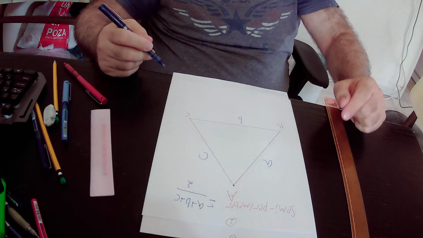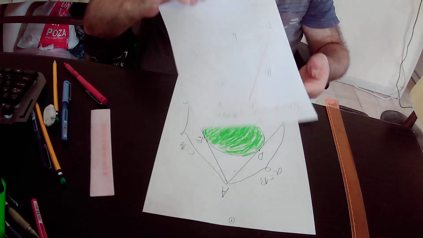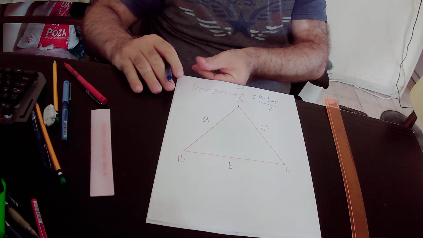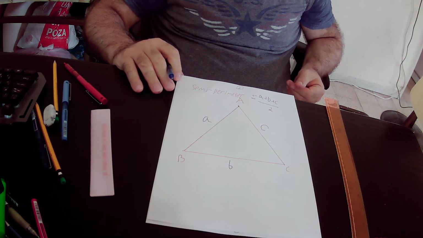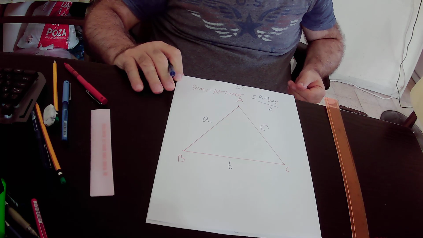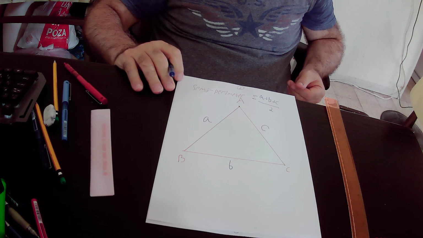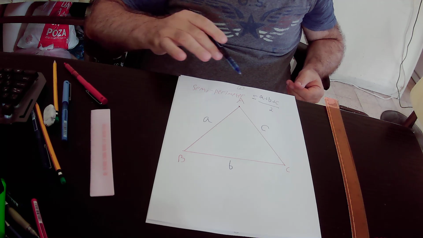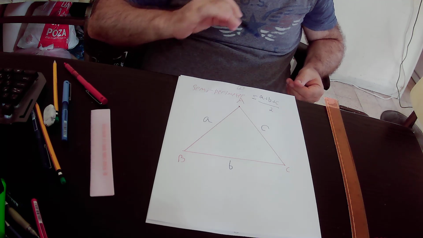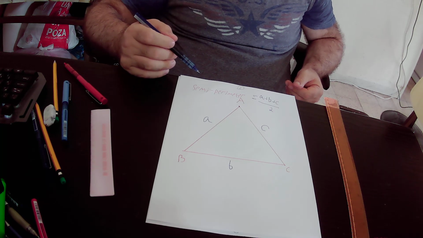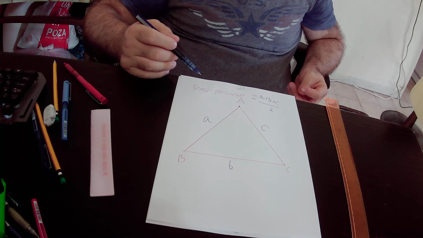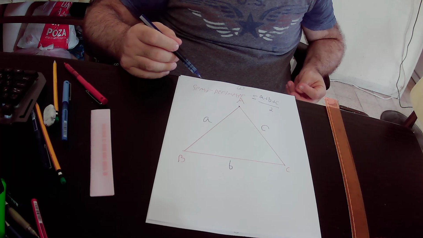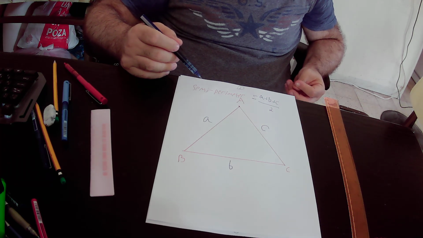Again, the semi-perimeter of any triangle equals the sum of its sides, A plus B plus C over 2. And the semi-perimeter is marked with the letter S.